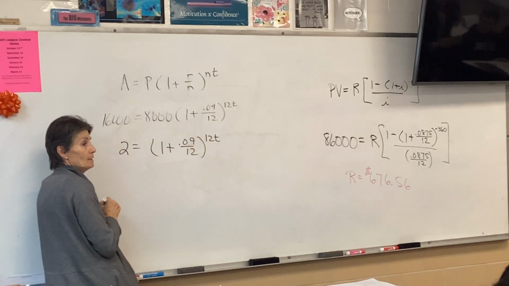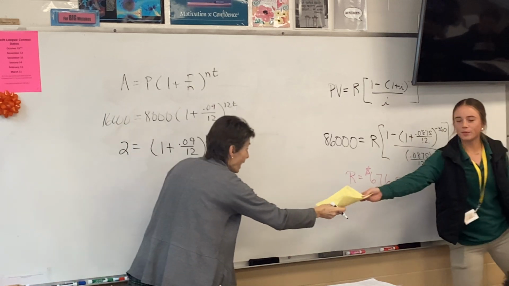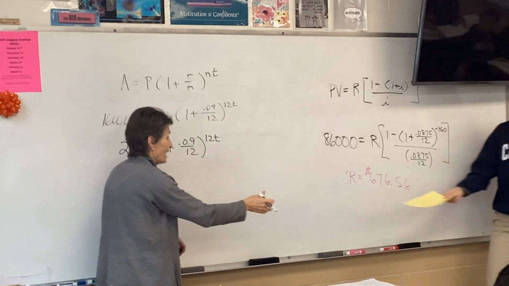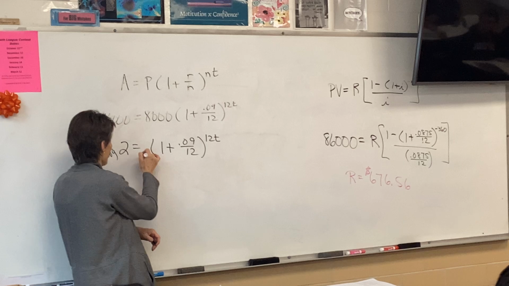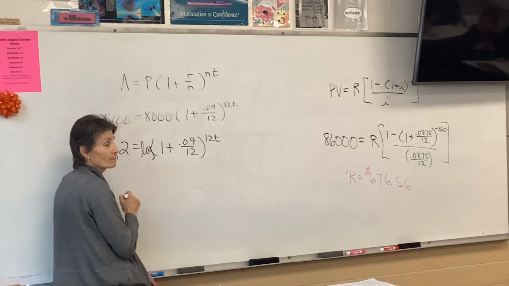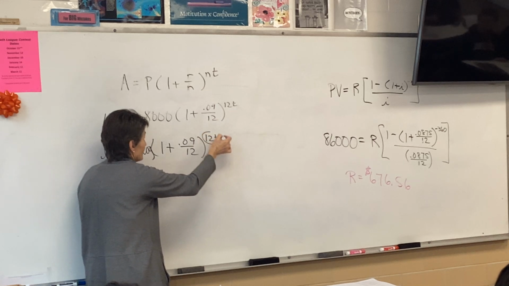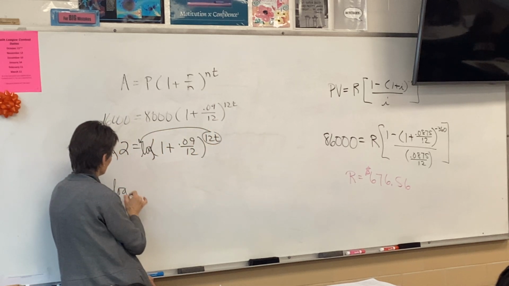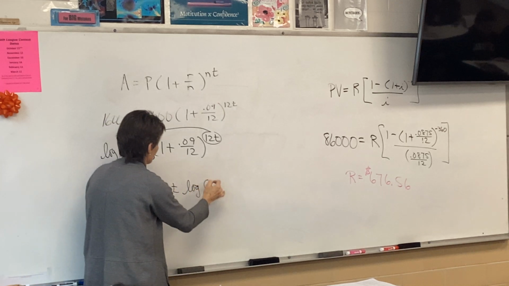Okay? Now, when I am solving for an exponent, I need to use logarithms. So I've already divided. So now I'm going to use logarithms. So I'm going to log both sides. And this is magically and wonderfully going to come out front. Remember, that's one of your properties of logarithms.